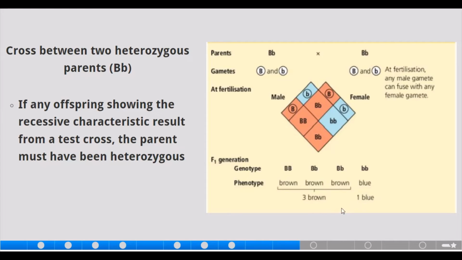So, we can see that they are able to give offspring with a homozygous brown trait, heterozygous brown, and then a pure breed of blue that is recessive, homozygous blue.